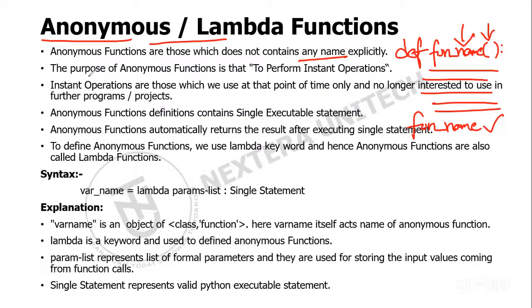Then what is the purpose of anonymous functions? Why should we use them? We have to use anonymous functions to perform instant operations. If I want to perform an operation instantly, at this moment, I'll define a lambda function, anonymous function.